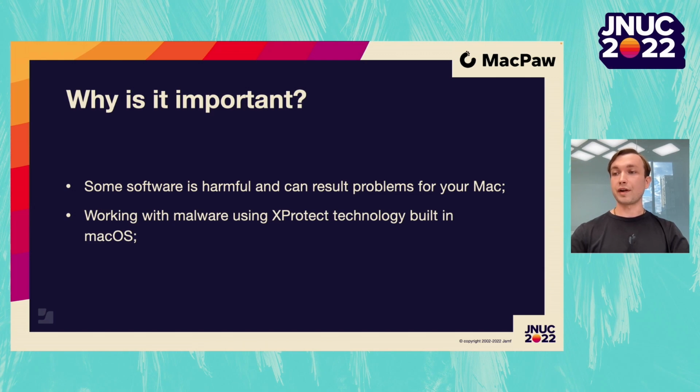If you download malware and try to run it, XProtect can detect and stop it from running. Important to understand that Apple is not a dedicated security company, so XProtect doesn't detect as many viruses as dedicated security software. It's a passive solution. You can't run a scan to check your Mac for malware. But you can install apps like CleanMyMac, which may scan your device and find potential threats.